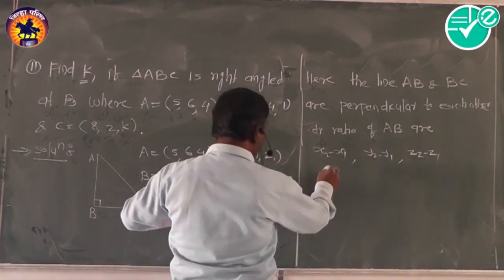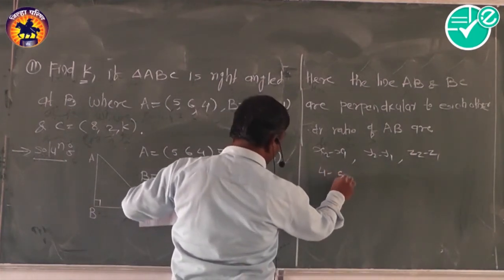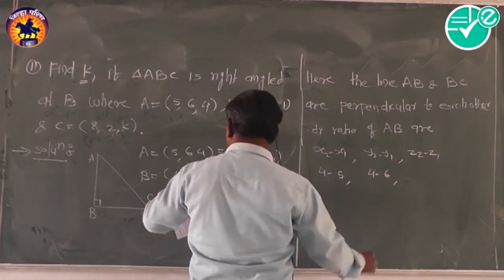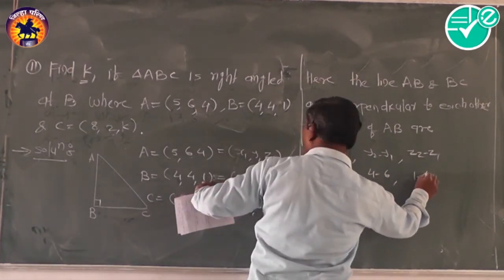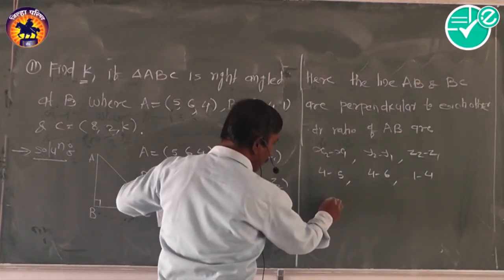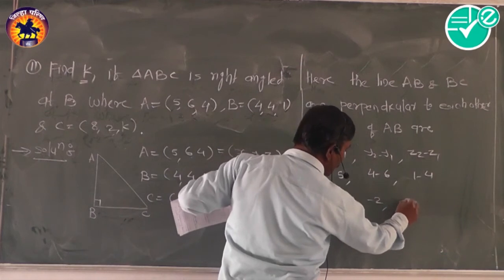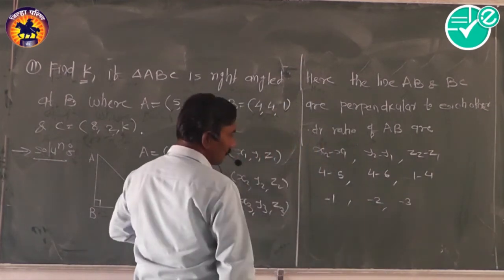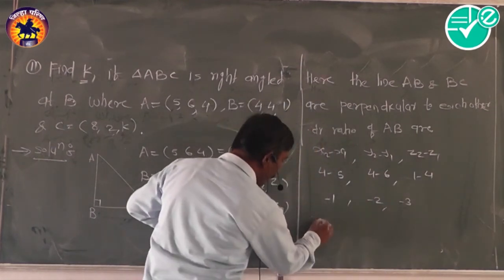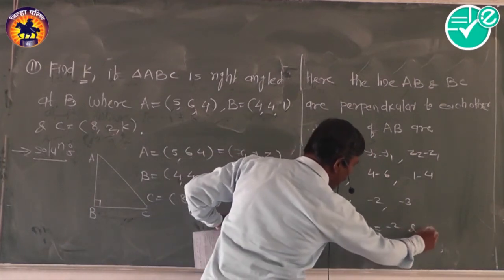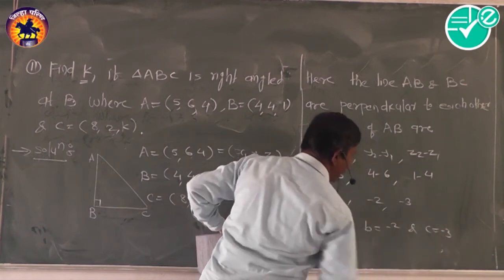So that is 4 minus 5, 4 minus 6, and 1 minus 4. This will be minus 1, minus 2, and minus 3. So here A is equal to minus 1, B is equal to minus 2, and C is equal to minus 3.